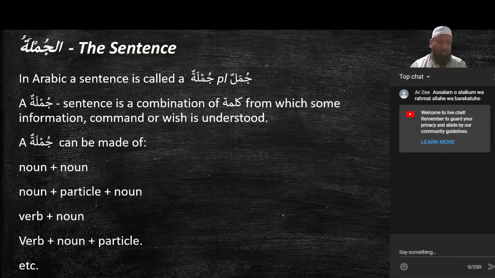So in Arabic, we're going to say jumla can be made of ism plus ism, ism plus harf plus ism, fi'l plus ism, fi'l plus ism plus harf, etc. So there's many combinations of kalimas. We put them together, then we make a sentence in Arabic. So what is a sentence in Arabic? Jumla, and the plural is jumalun.